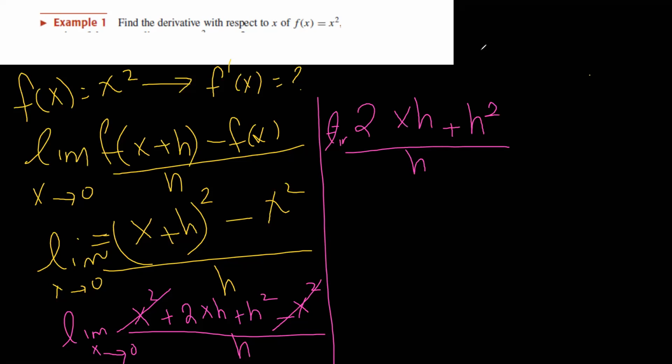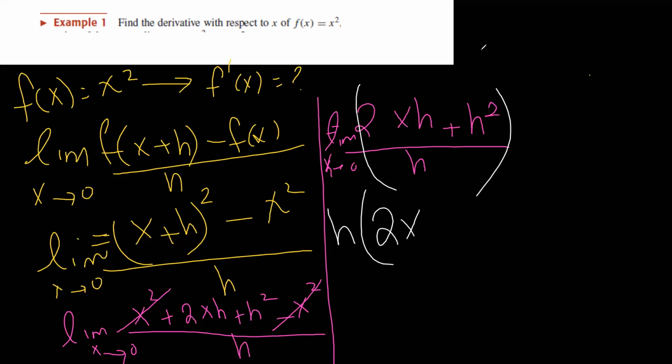Limit. Don't forget when h approaches 0. Let's take h as a common factor. You will have 2x plus h over h.